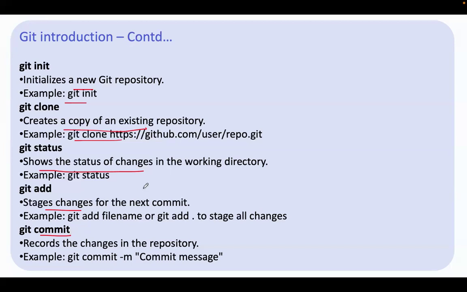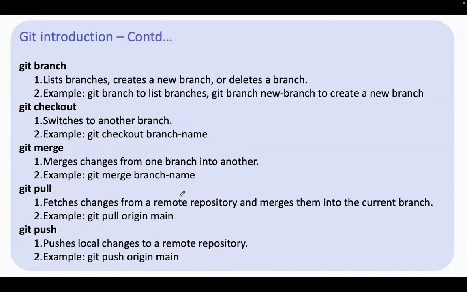Git log. Yeah. Git log will show you all the commits as a history. It is something like your history of commits. So just remember this. Git log is one of the important commands to see all the commits with the separate commit message and commit ID.